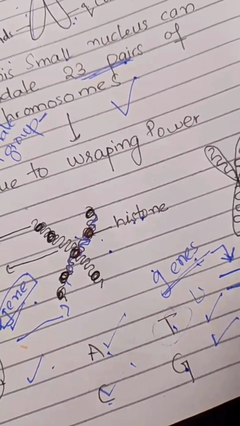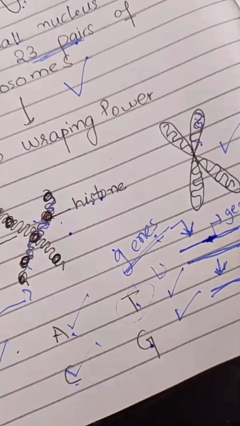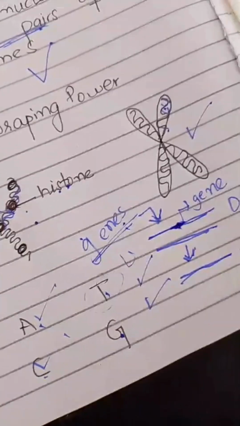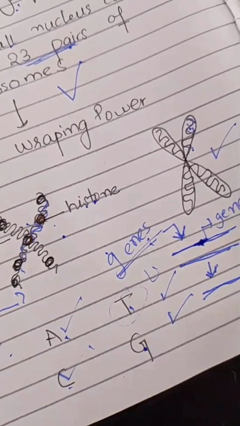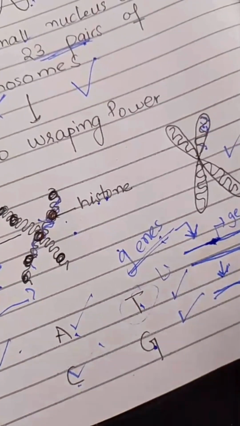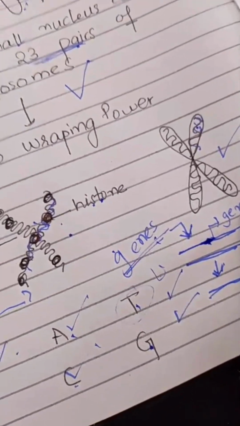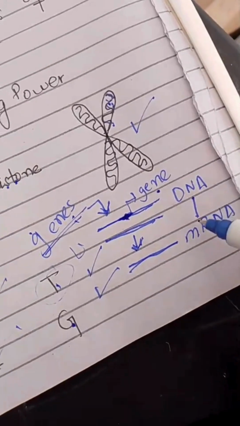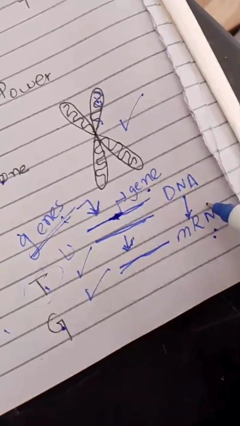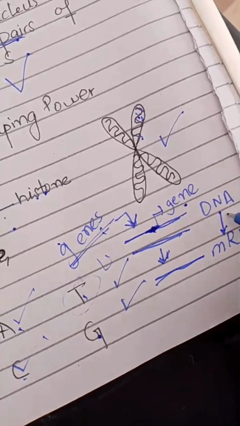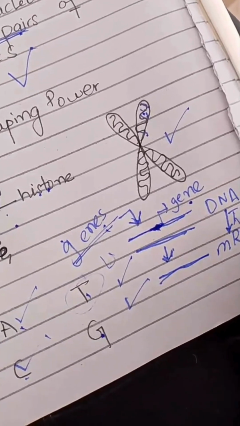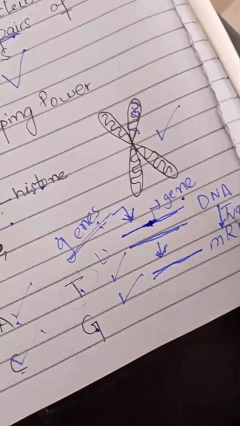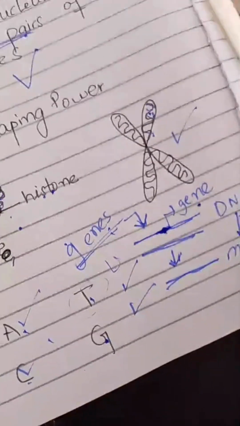Those portions of the DNA which are unable to transform themselves into messenger RNA will not be a gene. The process through which the DNA converts itself into messenger RNA is known as transcription.